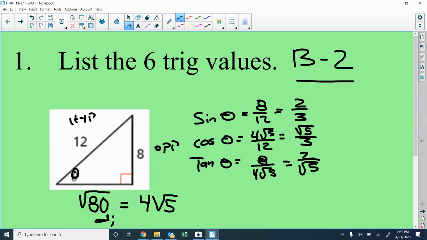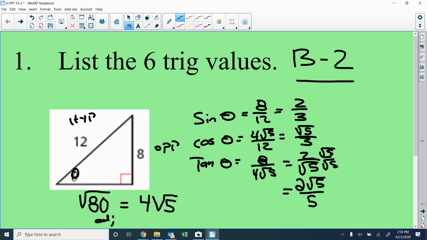Now we do probably need to rationalize that tangent, so let's go ahead and do that by multiplying by the square root of 5. And that guy's going to end up being 2 square roots of 5 over 5. So we do need to rationalize these, so make sure you take care of that.